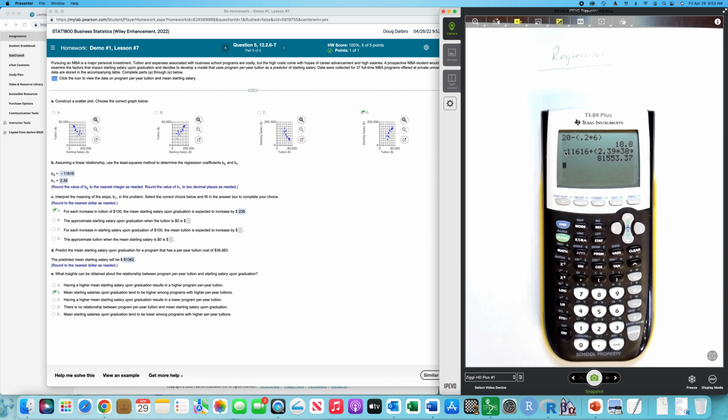So be careful up here when you enter this negative in front of the 11,616. You have to use this one down here, the one below the 3. You can't use the subtraction because the subtraction has to be subtracted from something. If you're assigning something a negative value, you have to use that key right there.